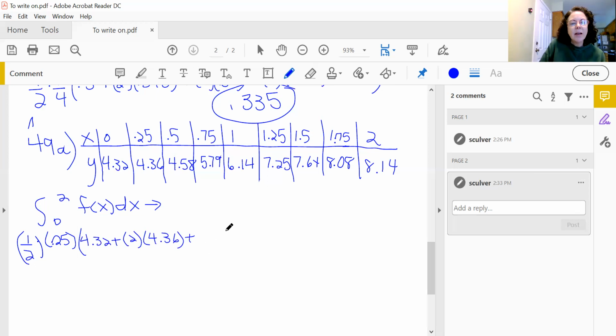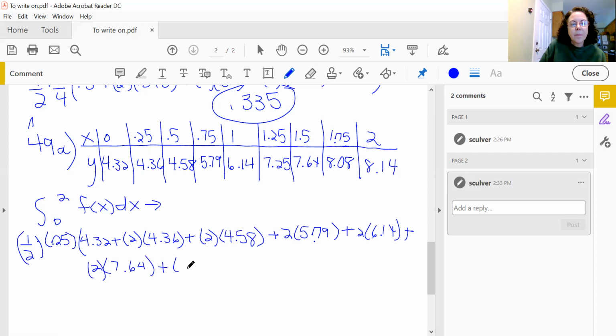This is tedious, huh? Plus the next base twice, just going to keep going. Plus the next base twice. And the last one, just once.